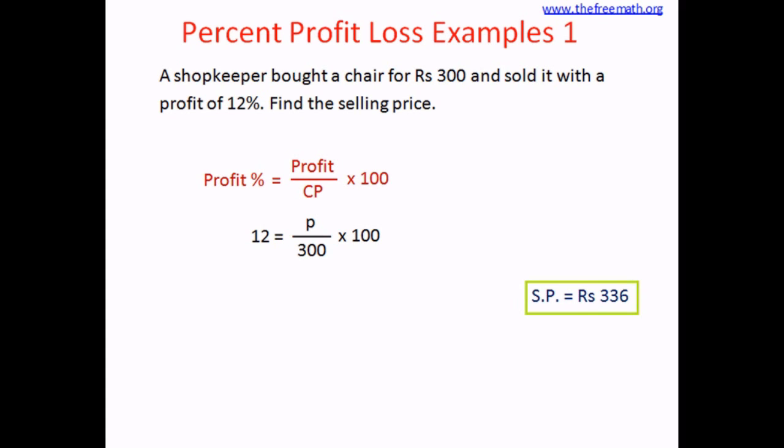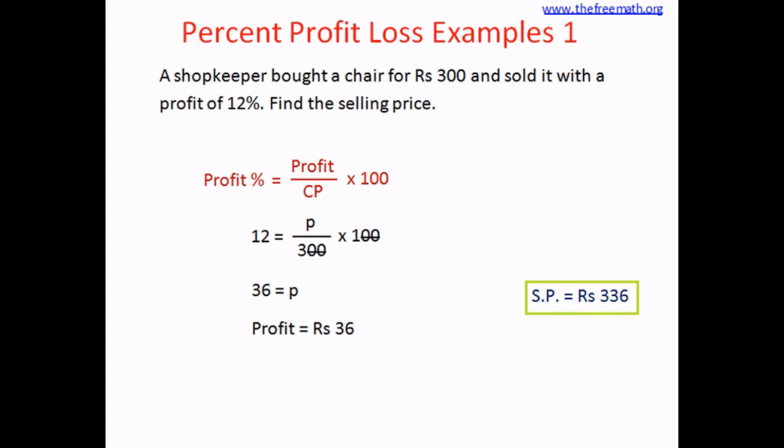Let's cancel out the zeros. So you get 12 equals P over 3 or P divided by 3. If you multiply both the sides by 3, you get 12 threes are 36. So 36 equals P. That means the profit was 36 rupees.